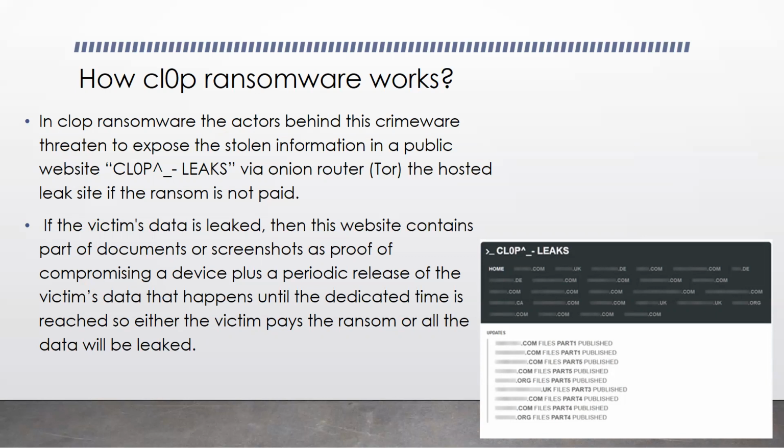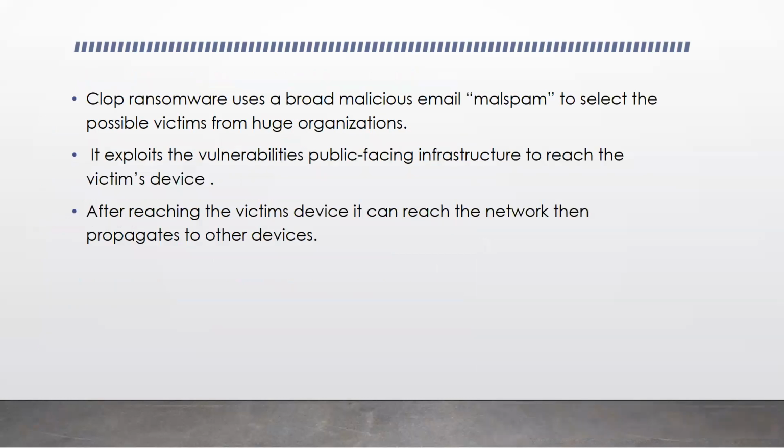If the victim's data is leaked, then this website contains part of documents or screenshots as proof of compromising a device, plus a periodic release of the victim's data that happens until the dedicated time is reached. So either the victim pays the ransom or all the data will be leaked.